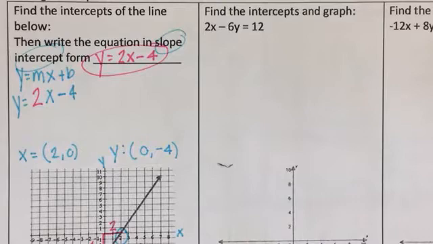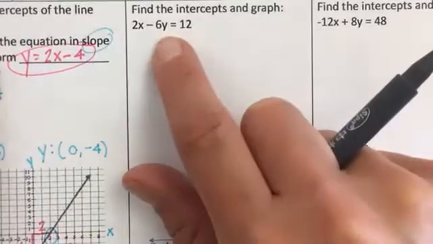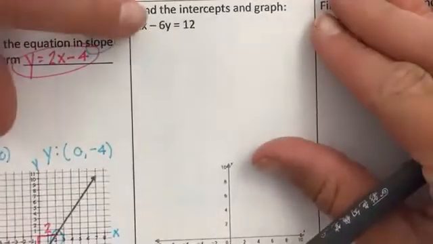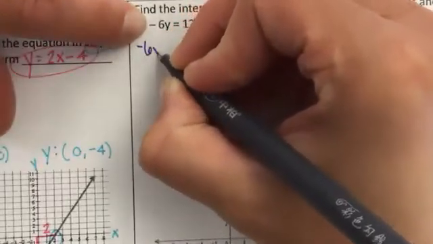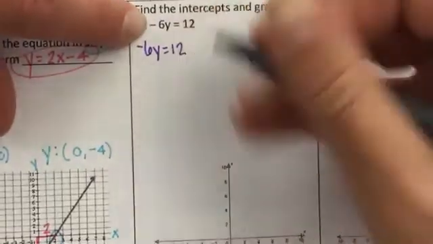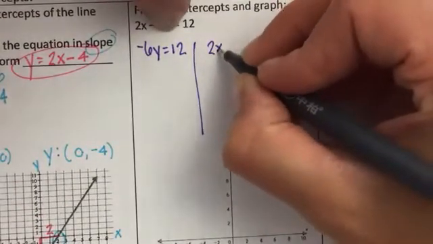Okay. Now, when we find the intercepts from an equation to graph, we use the cover-up method. The cover-up method allows us to make two little equations to solve for the x and y intercepts. The only thing with the cover-up method, it has to be in standard form, which this one is. So I would cover up the x, 6y equals 0. Cover up the y, I get 2x equals 12.